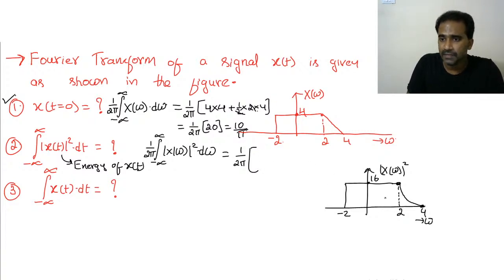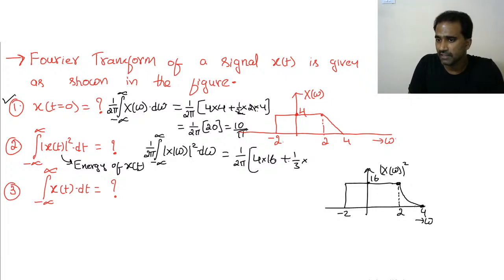If you use that, we want to find the area of mod x of omega whole square, which I have plotted. The area of this rectangle part is width 4 units and height 16 units, plus the area of this parabolic part, which is 1 by 3 times base into height.